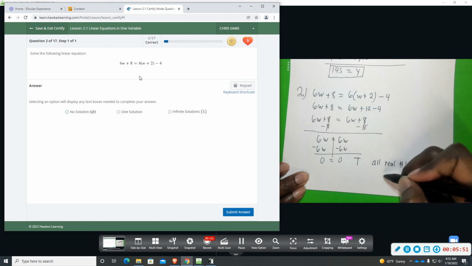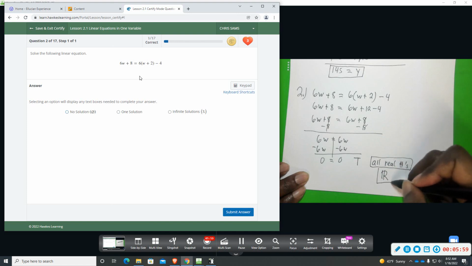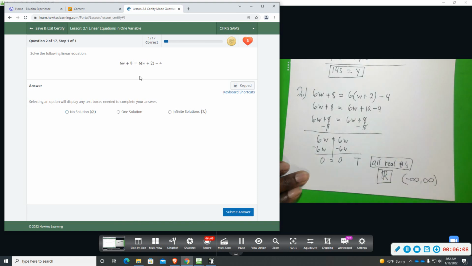Okay, the symbolic form is just this bold-faced R. This means all real numbers. So this, written out, all real numbers, this symbol, sometimes they may give it to you in interval notation, negative infinity to positive infinity. All of these different representations mean all real numbers. So, there's an infinite number of solutions, all real numbers. For this one, anything that you plug in will work out.